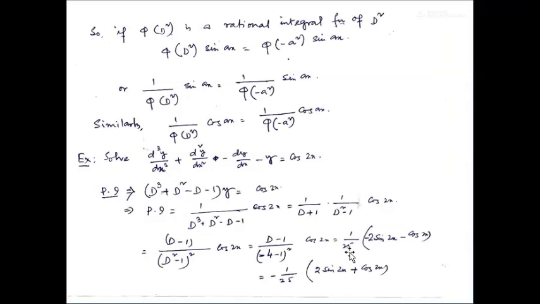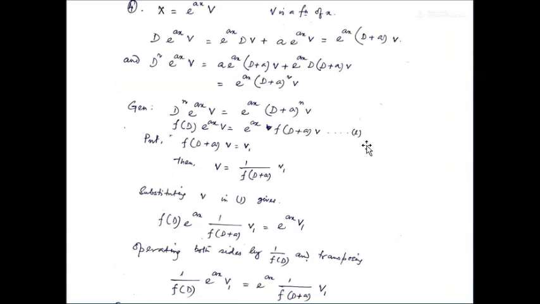So this will be 25. And just apply differentiation, that is (D minus 1) cos 2x. So first differentiate this cos 2x with D. So this will be minus 2 sin 2x minus cos 2x. So the particular integral will be minus 1 by 25 into (2 sin 2x plus cos 2x). You can get the complementary function in the similar way as I have derived earlier.